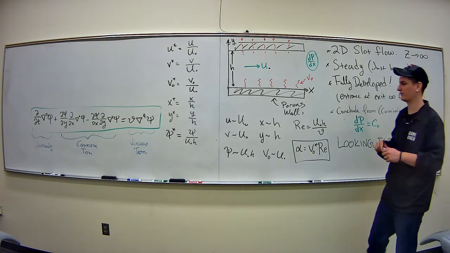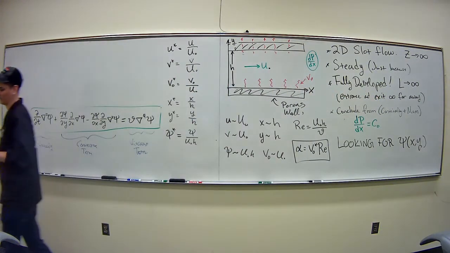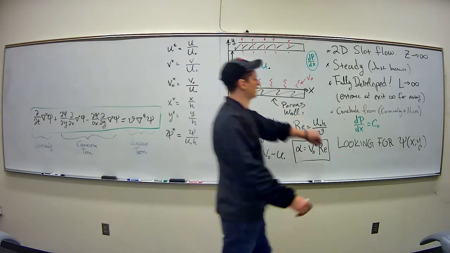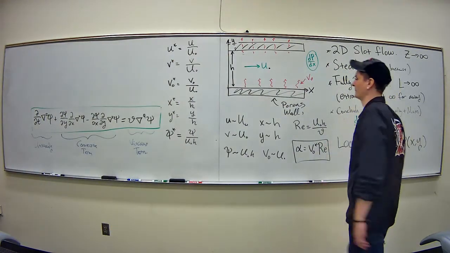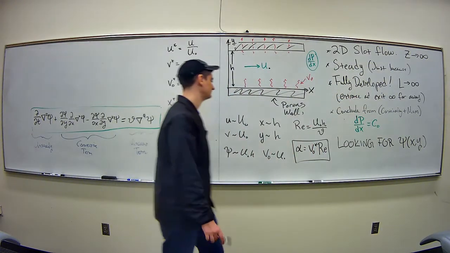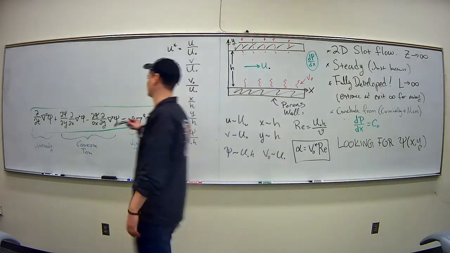I'm not looking for the functions of u and v, but these scales will come up later. Really, this whole problem is looking for this psi function, which you could non-dimensionalize using the x's and y's, and I'm going to just use this equation.